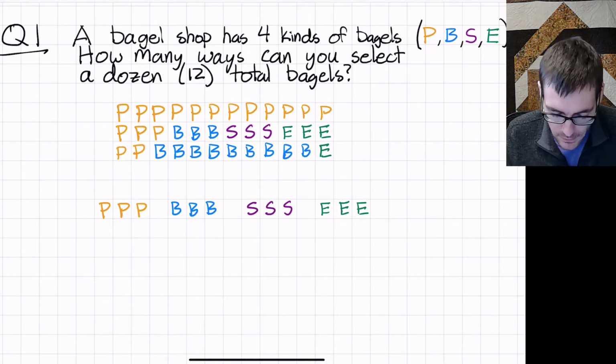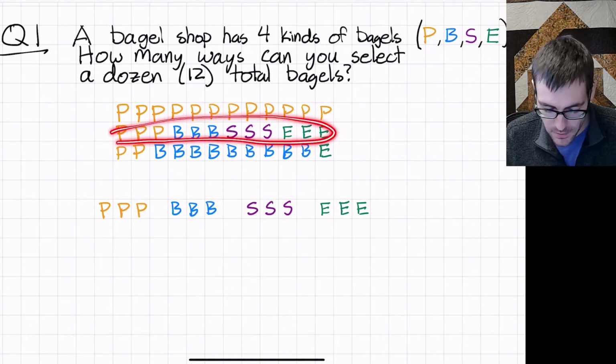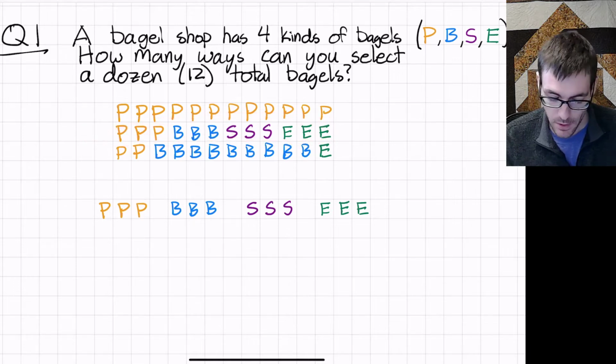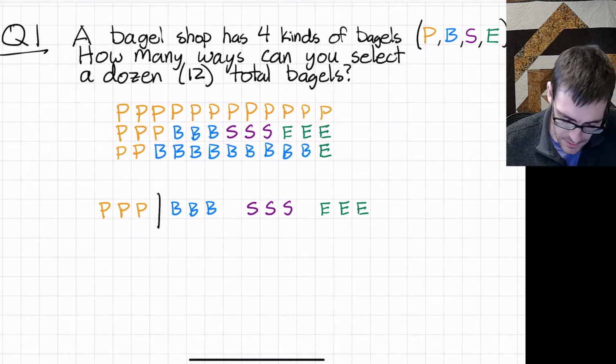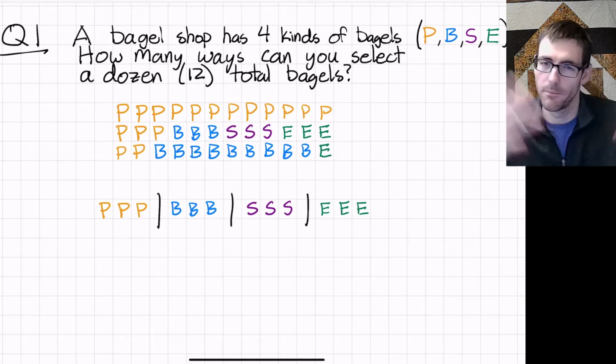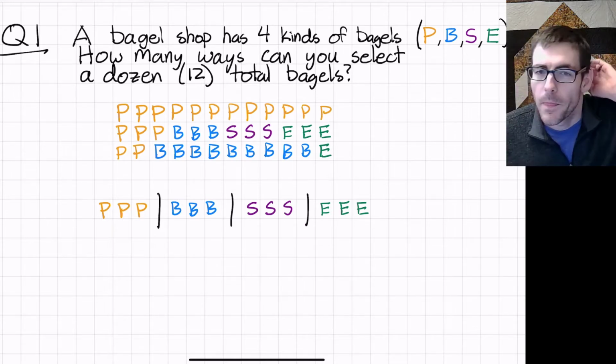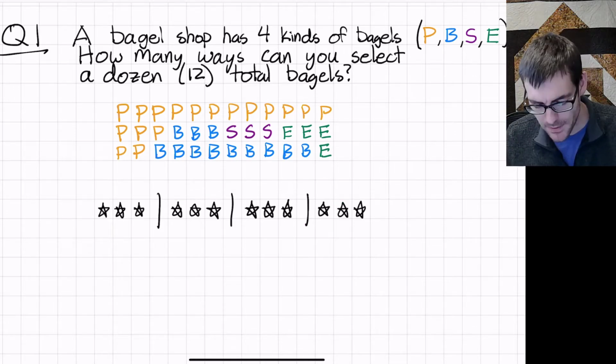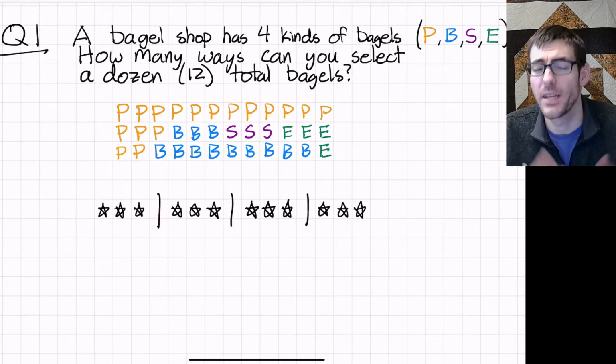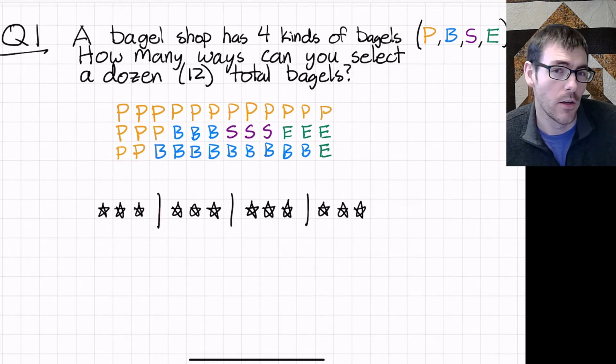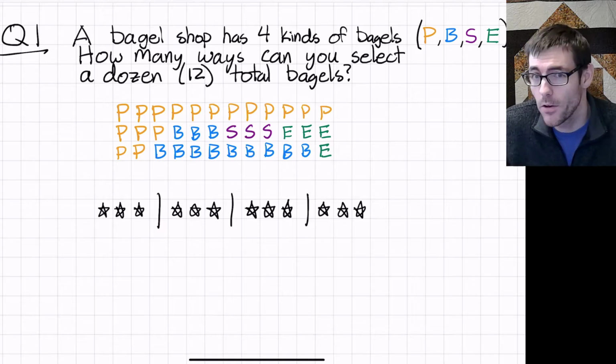So rather than listing out the elements like we did for this second example, I'm going to separate them out and divide them with some vertical line, so some bar. And we'll replace our specific letters with more generic symbols, like a star. So this is called the stars and bars technique.